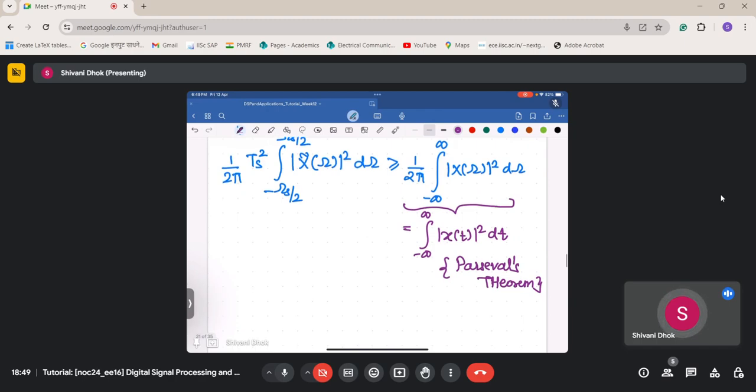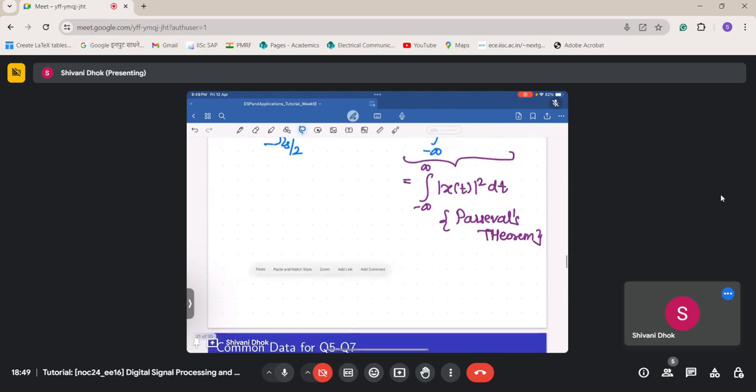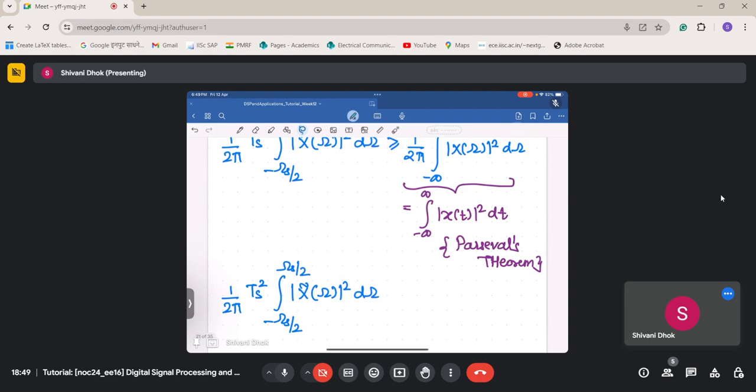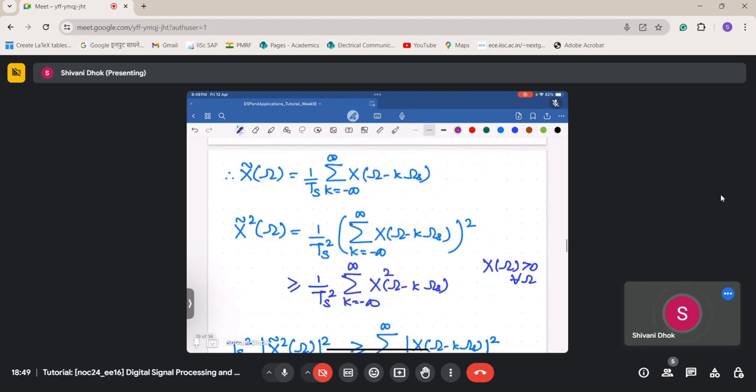Now focus on this particular part. Okay, now we'll look at this particular part here. So in this equation, what we will do is we will substitute the relation for omega and capital Omega which we had obtained earlier.